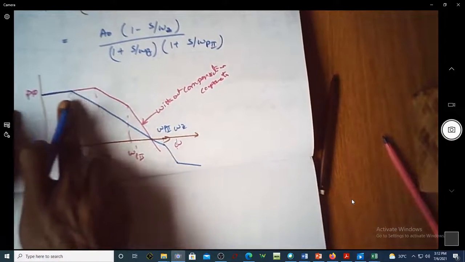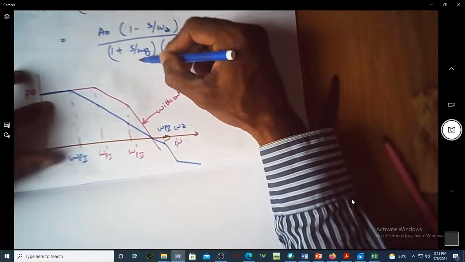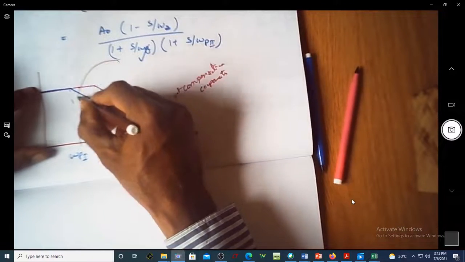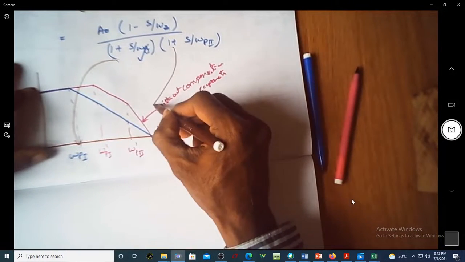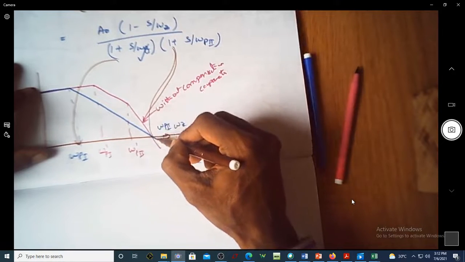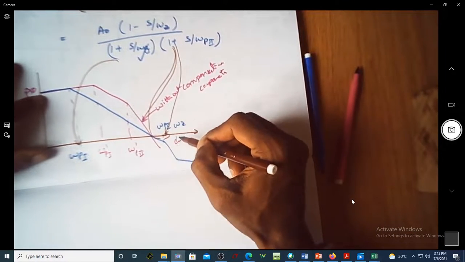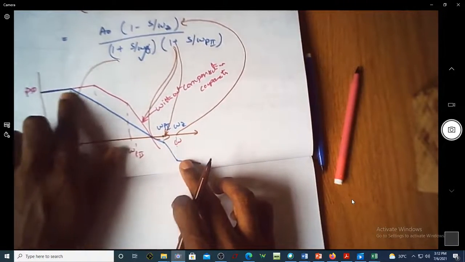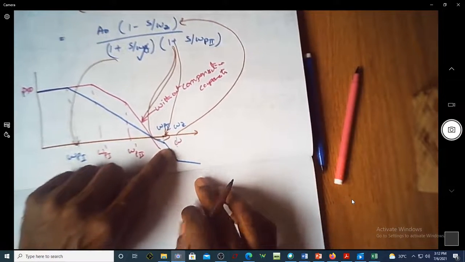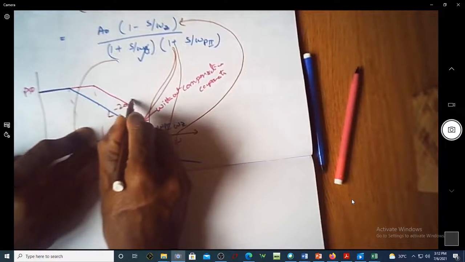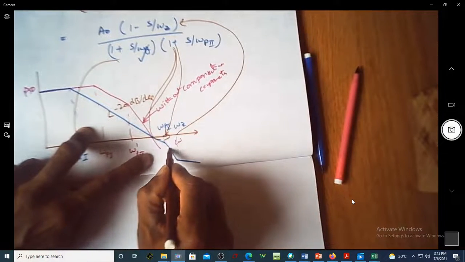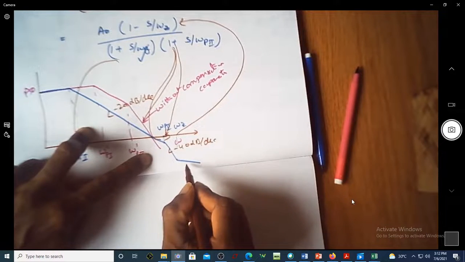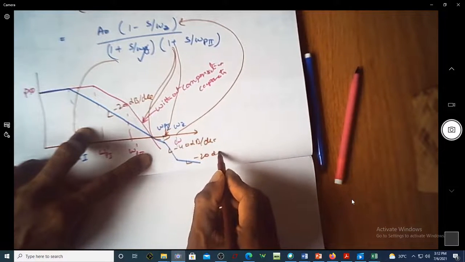You can see now this is the first pole position, which is due to this. These two are related here. You can see first it is minus 20 dB per decade, then minus 40 dB per decade, and then again it changes to minus 20 dB per decade.